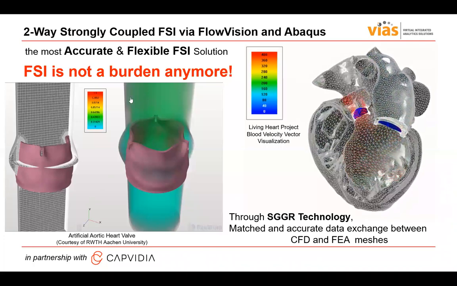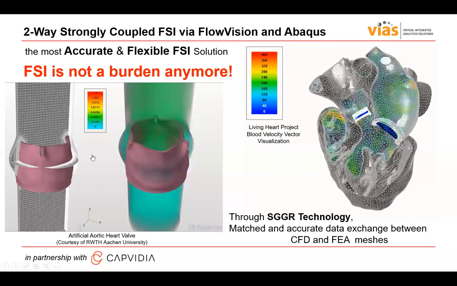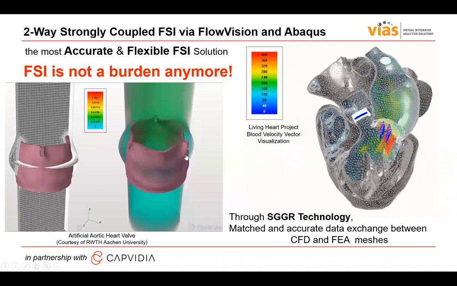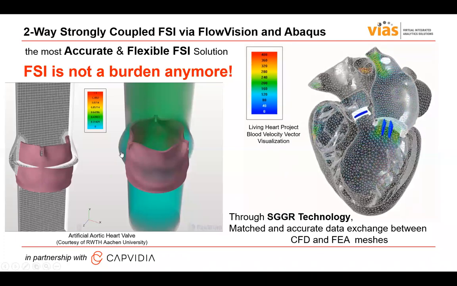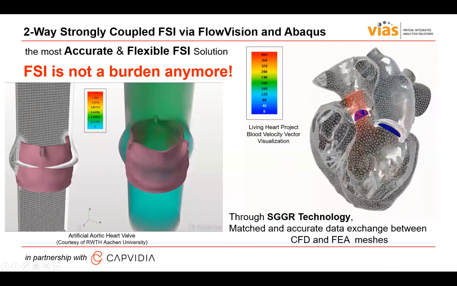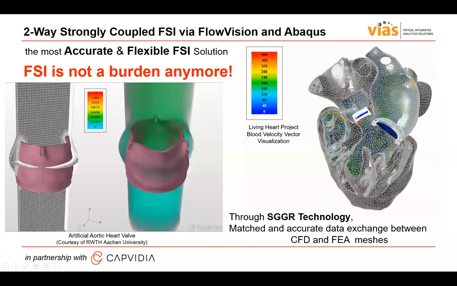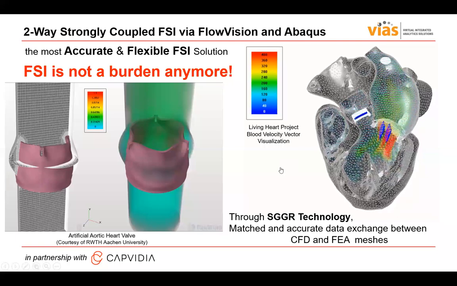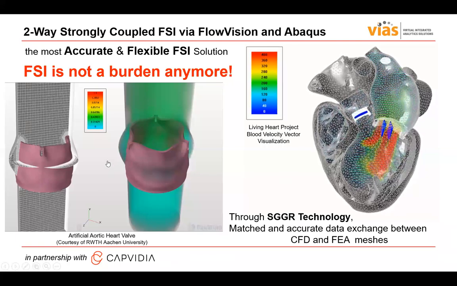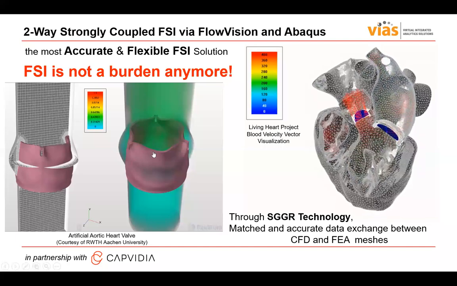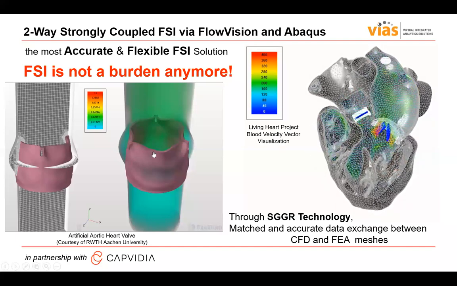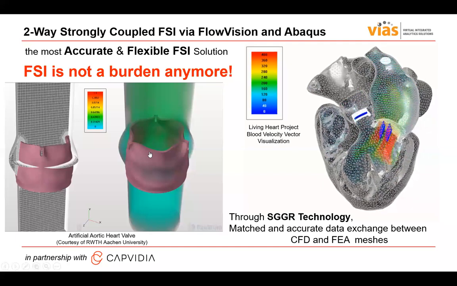The examples you're seeing on the right-hand side are the Living Heart project, led by Dassault Systèmes, where we have the heart expansions and contractions, and also, in this sample, the mechanical heart valves. And on the left-hand side, what you see is an artificial aortic heart valve.